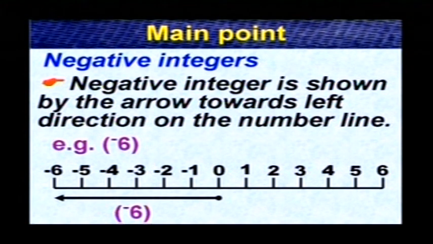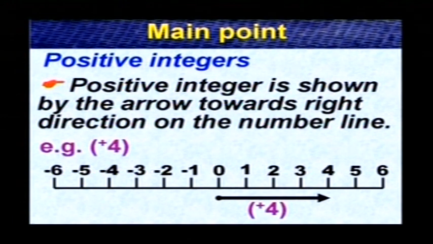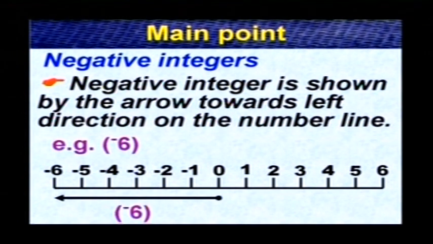As you can see from the screen, the arrow starts from 0 and finishes at -6 on the number line. So receiving students and 7, that's how positive and negative integers are represented on the number line. An arrow facing towards the right is always positive, and an arrow pointing towards the left is always a negative integer.